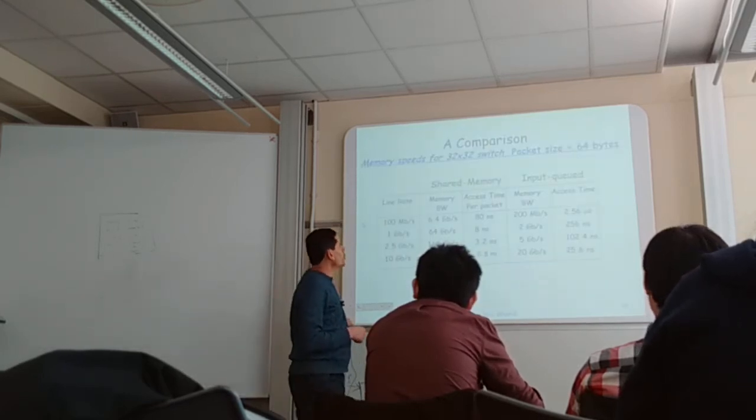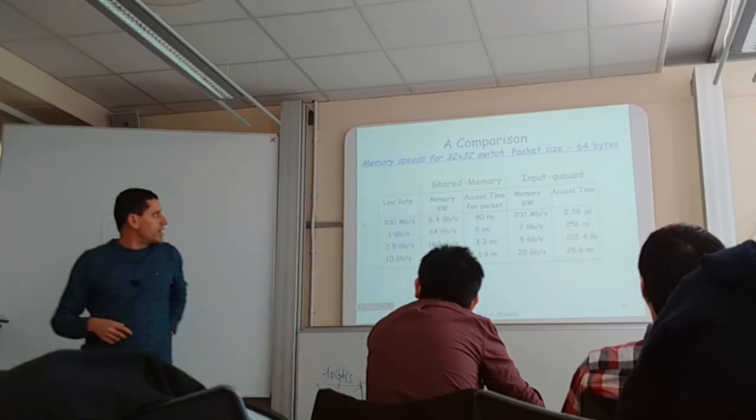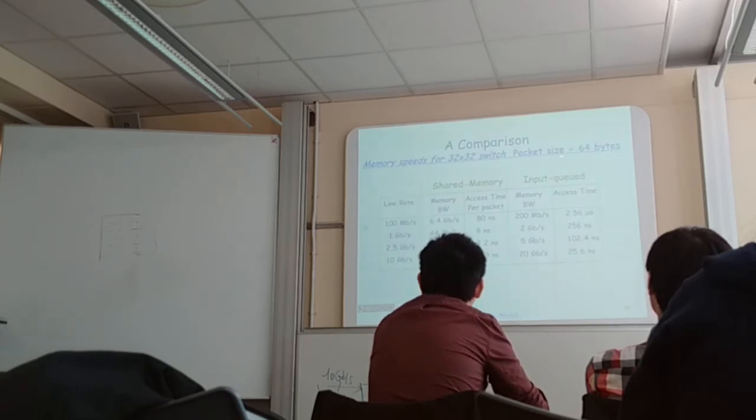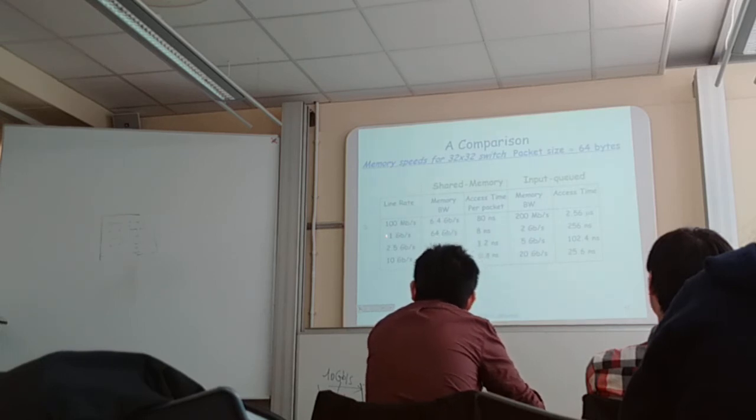Now, what am I going to talk about? This is a comparison of memory speeds for a 32 by 32 switch, packet size 64 bytes. If you get different line rates, based on your architecture, you should be able to work out the memory bandwidth and the access time per packet, which we talked about.